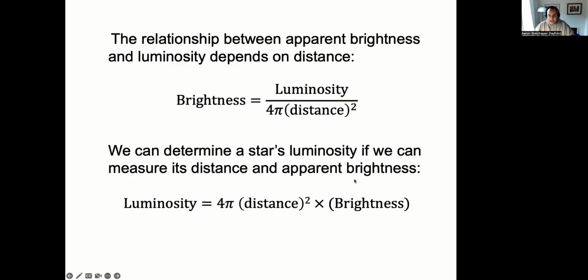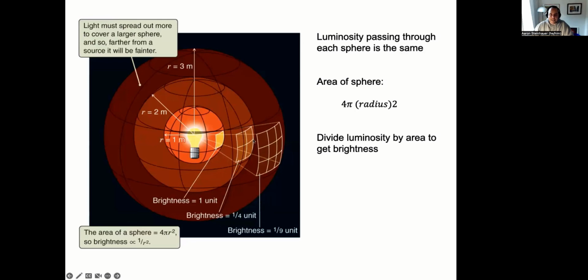Here is the actual equation that we might use to calculate between brightness and luminosity. The brightness is the luminosity divided by the surface area of a sphere whose radius is the distance from that object. And hopefully that's obvious to see here, right?